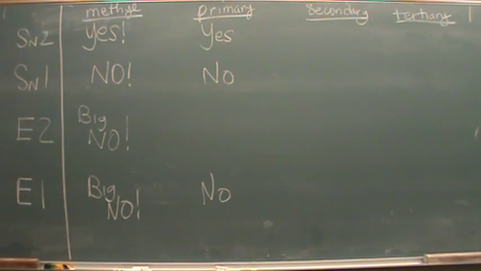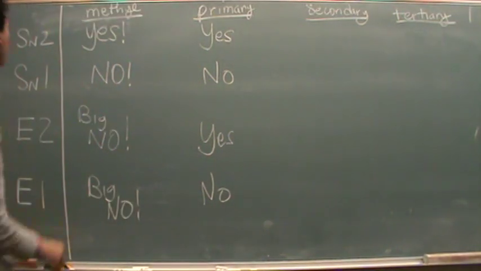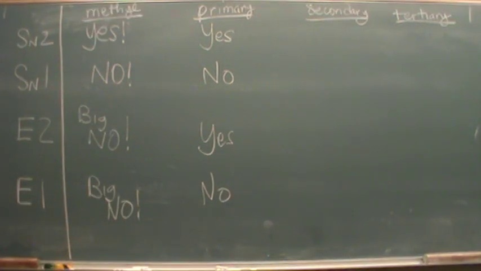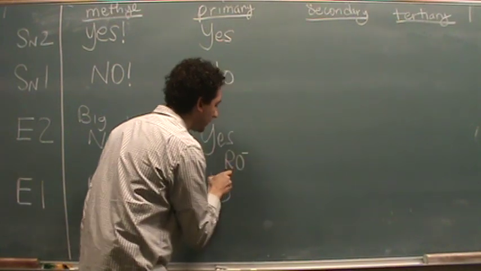Okay, now let's look at the E2. Yes, this is possible. I tend to prefer the SN2 here, because the substitution in one step would be easier with the SN2. The E2 could happen if the base is strong and bulky, like an RO minus with a large R group.